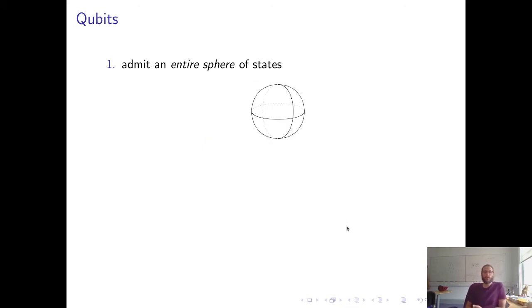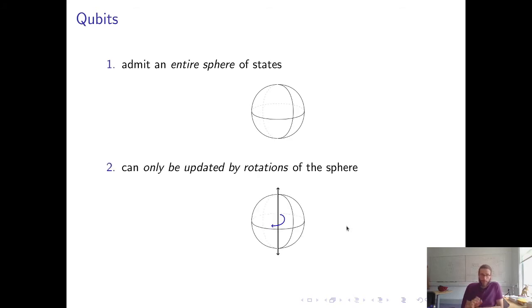Okay, so qubits are a bit different, but they're a kind of quantum analog to bits. Rather than admitting just two different states, they admit an entire sphere of states, which is quite an interesting space to work with. But they can only be updated without destroying them by doing rotations of the sphere.